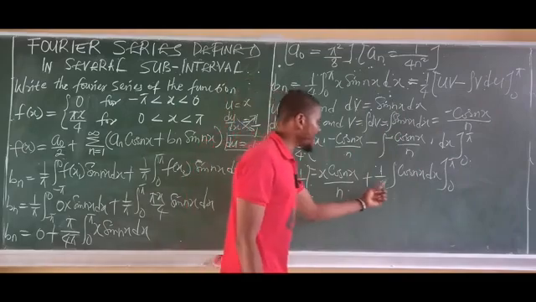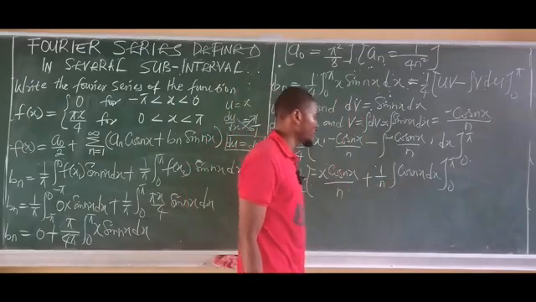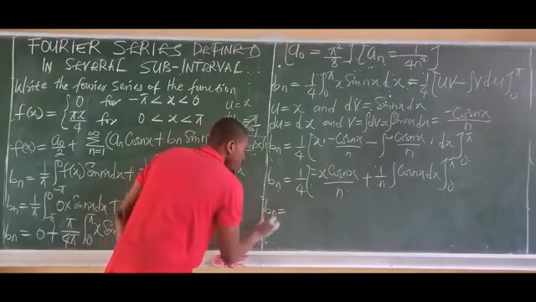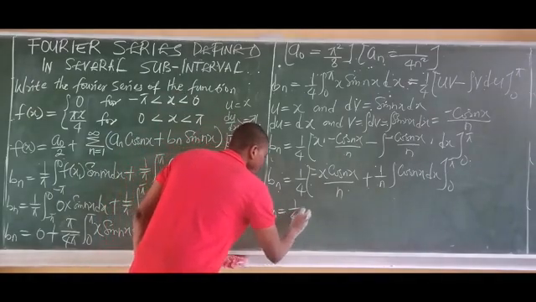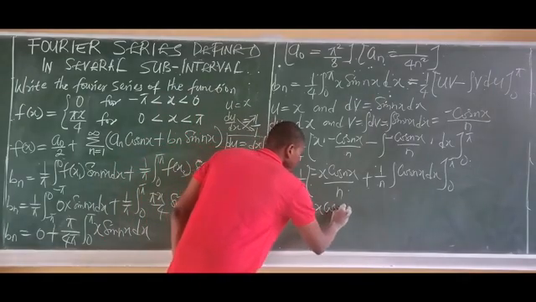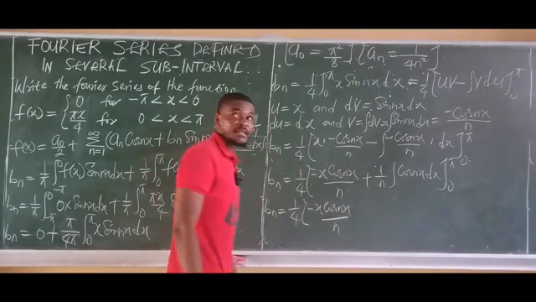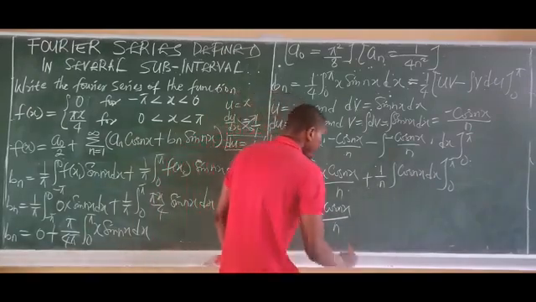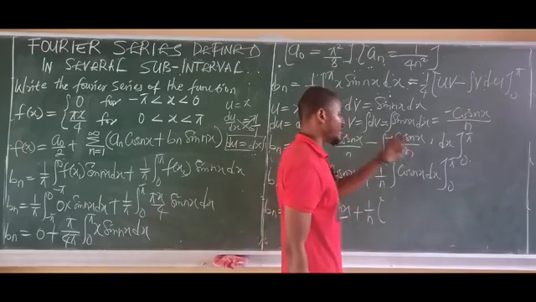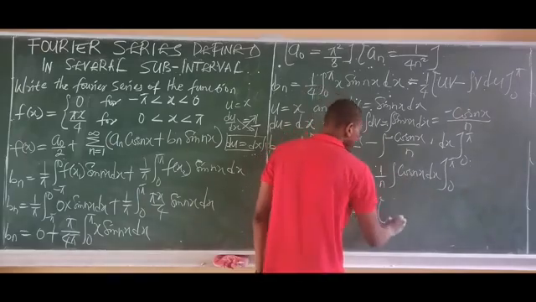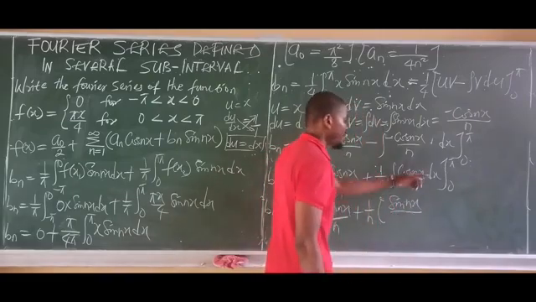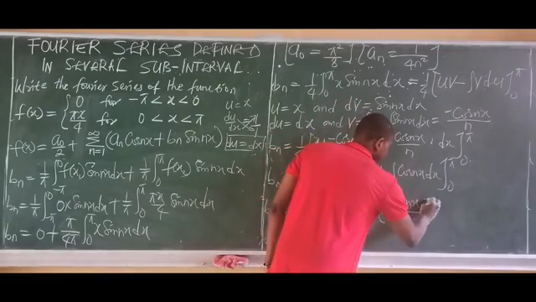So this means I still have to integrate this function cos nx dx. If I integrate cos nx dx, I'm going to have sine nx divided by the number n. It's as simple as this.